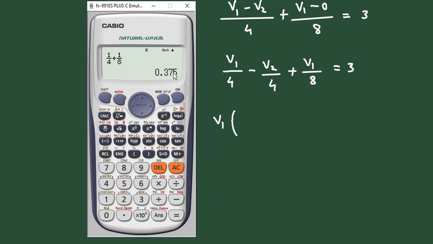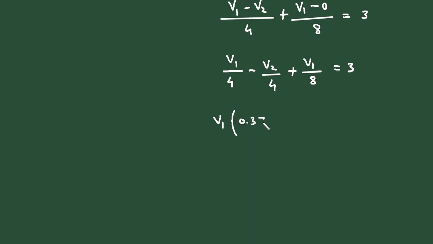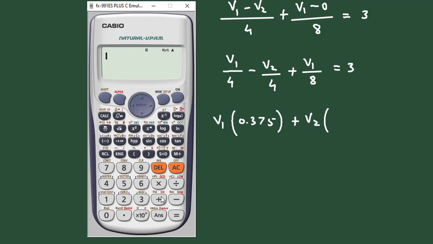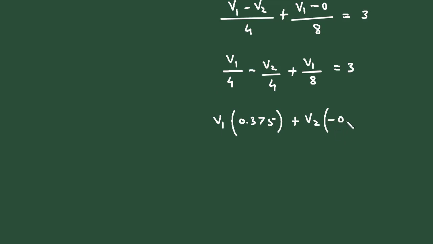So it is 0.375. Then V2 will have minus 1 by 4, which is minus 0.25, is equal to 3. Let's say this is equation number 1.